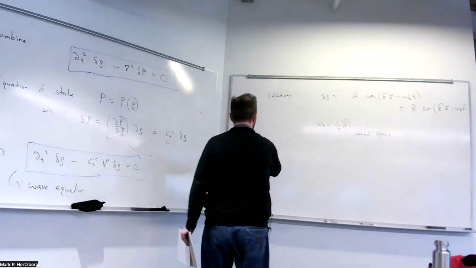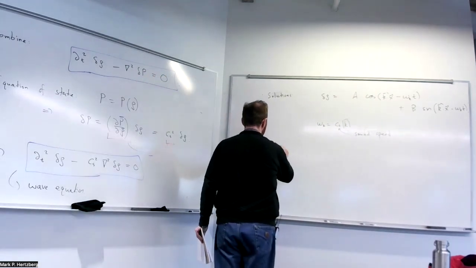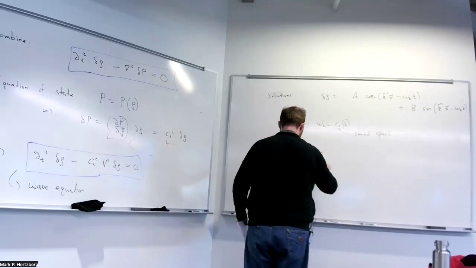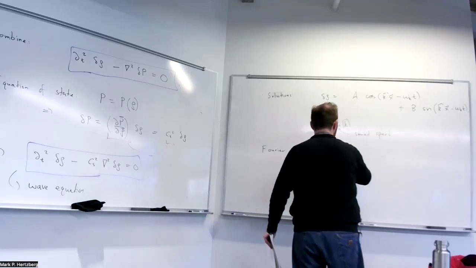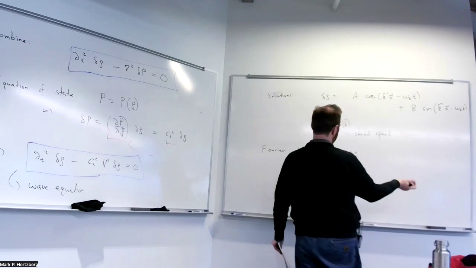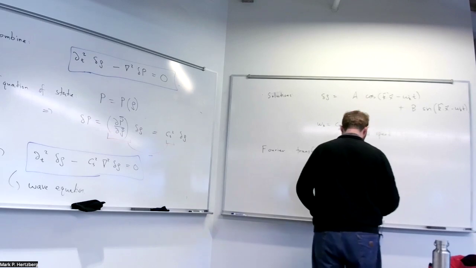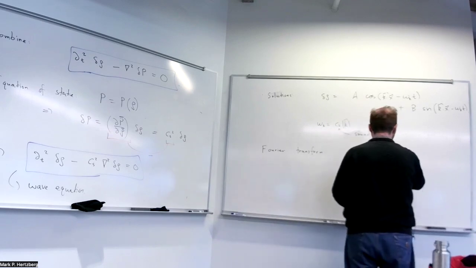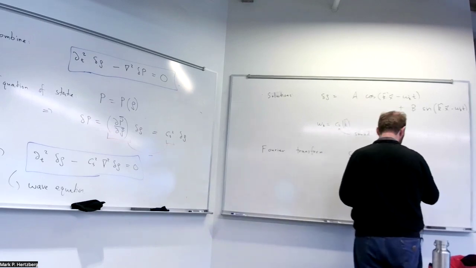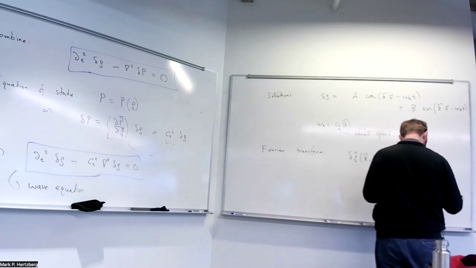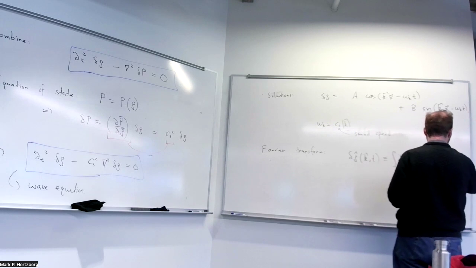So if we do a Fourier transform, I can write that as delta, let's say rho hat, for a Fourier transform. It's a function of k and t. A spatial Fourier transform weighted by e to the minus i k dot x.